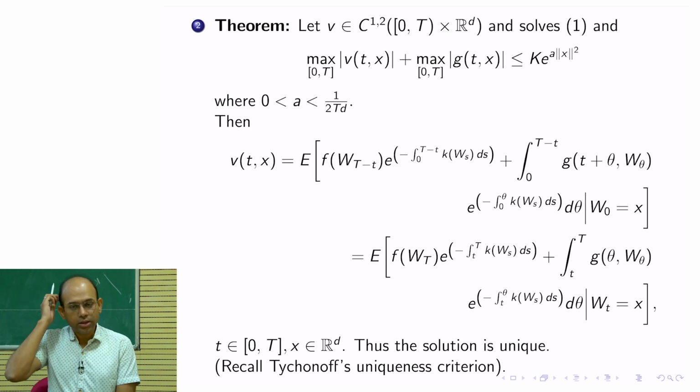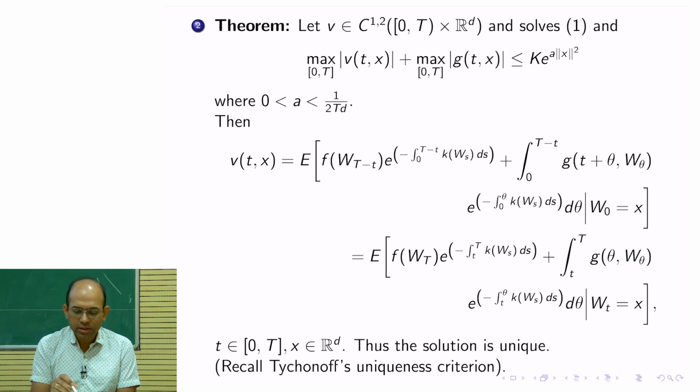Okay. So, now we can compare this result with Tikhonov's uniqueness criteria for a special case. In that special case G was 0, K was 0, and there we just had that V was less than or equal to K times e to the power of norm x square. Okay. So, this is consistent with that idea.